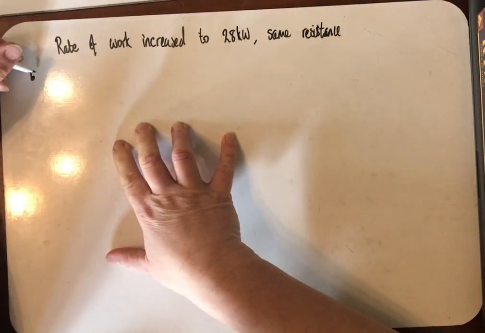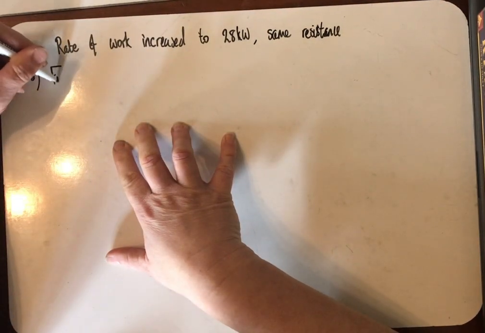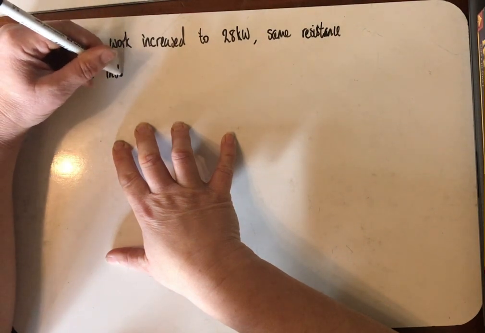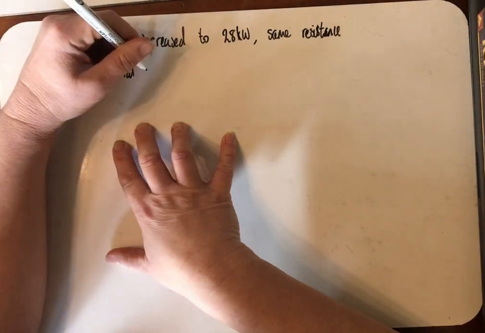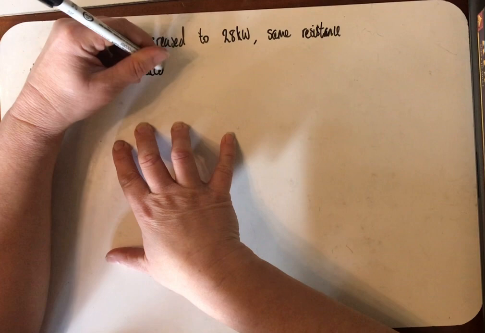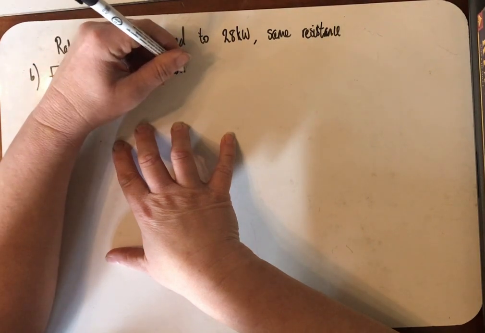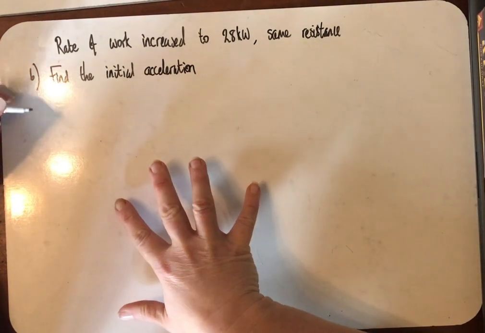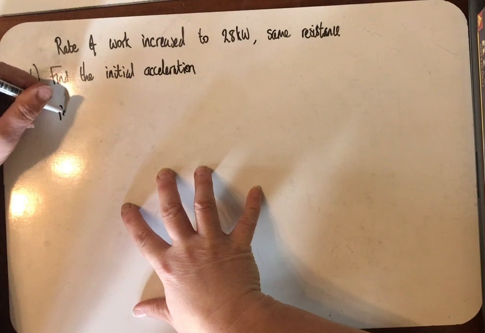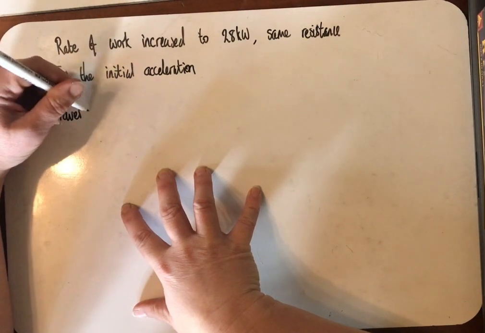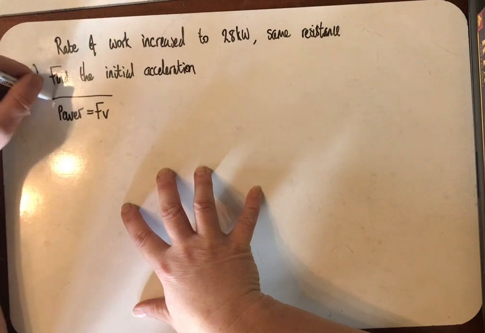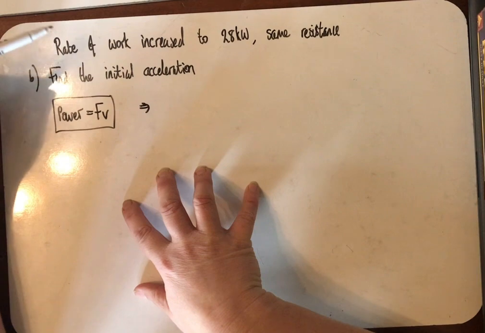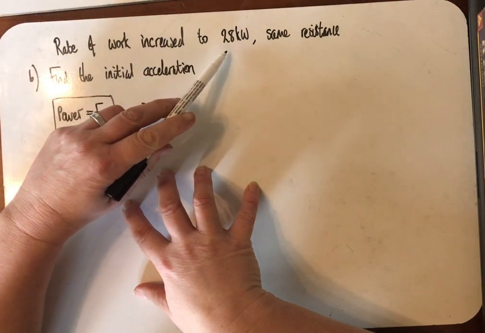And for part B, we want to find the initial acceleration. So using power equals FV, where F is the driving force, then the rate of work has increased to 28,000.